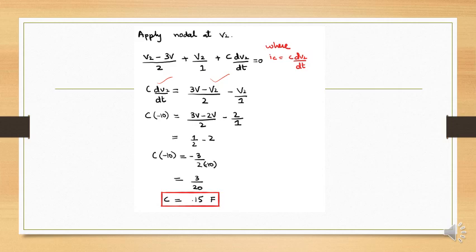Now take this 10 over here. I'm sorry, I have written a double 10 over here, so we can cancel this 10. After that, we get 3/20, which is equal to 0.15 farad. Right? These are easy questions. These are not difficult ones. You can easily solve them.